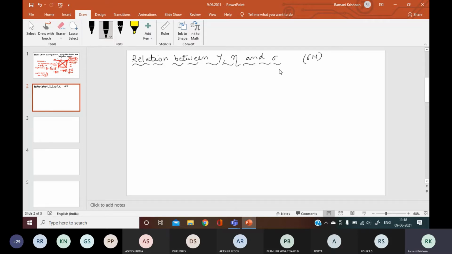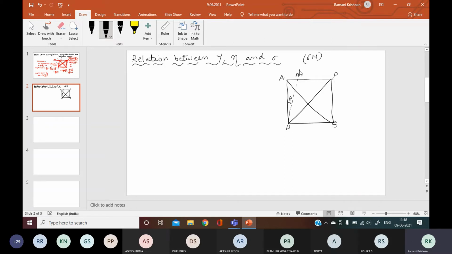Right. So let us now see the relation between Young's modulus, rigidity modulus, and Poisson's ratio. For this I'm drawing the diagram. All the explanation is the same, and let us not change the names, because you'll be familiar with ASPD.